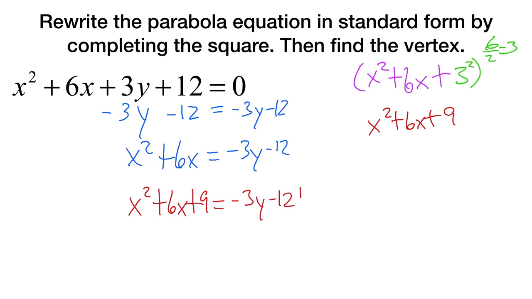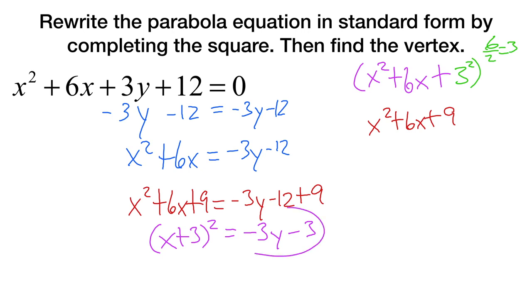But if I add 9 to one side, I have to add it to the other, plus 9. So our new equation is x plus 3 squared equals negative 3y minus, in this case, negative 12 plus 9 is negative 3.